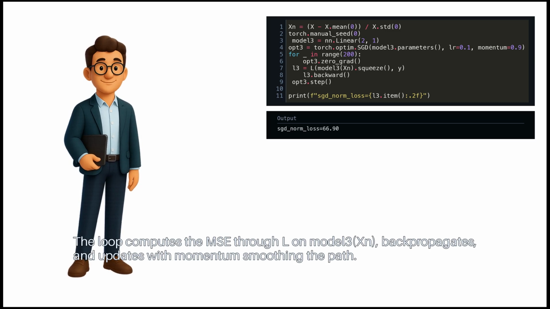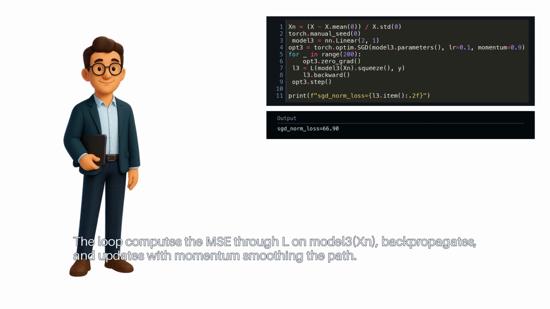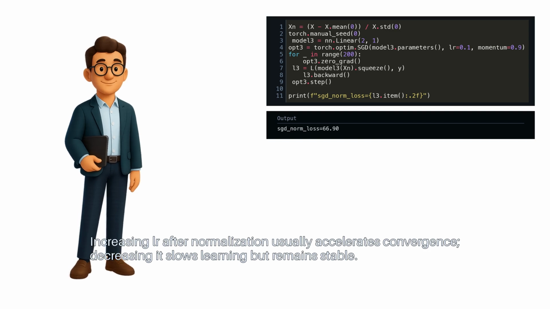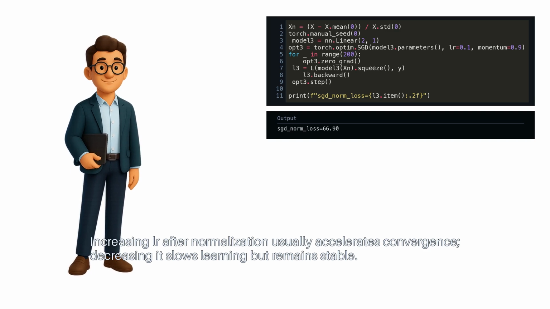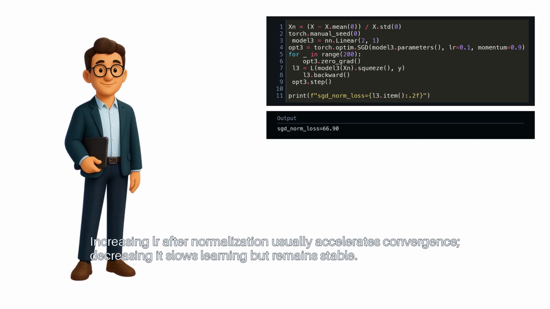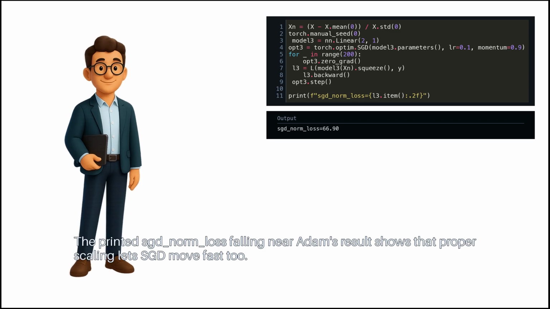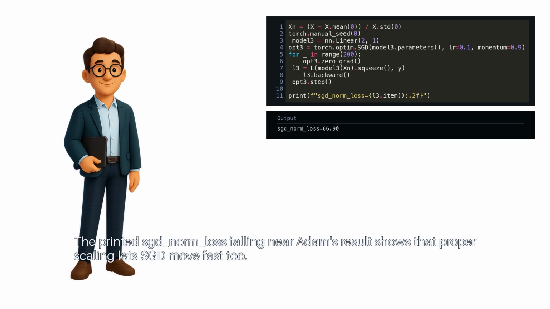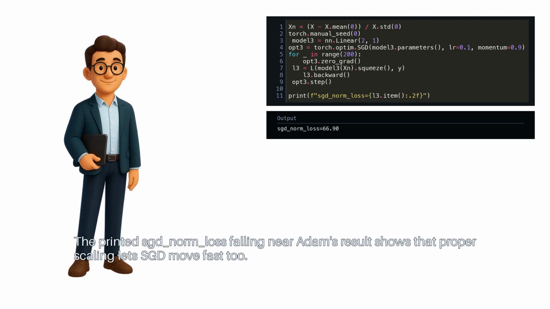The loop computes the MSE through L on model3 of xn, backpropagates, and updates with momentum smoothing the path. Increasing LR after normalization usually accelerates convergence. Decreasing it slows learning, but remains stable. The printed SGD norm loss falling near Adam's result shows that proper scaling lets SGD move fast too.